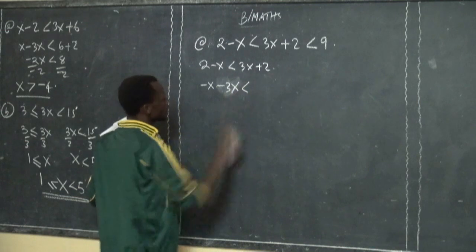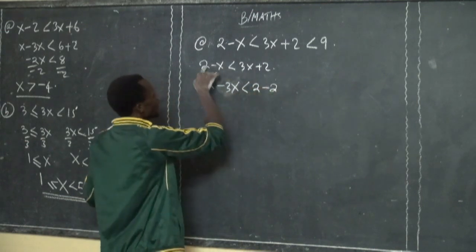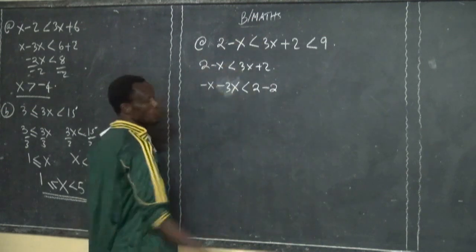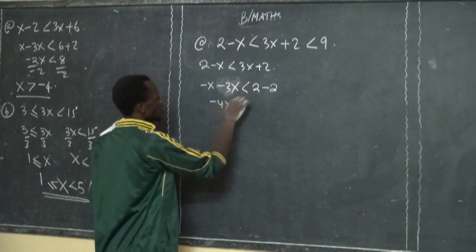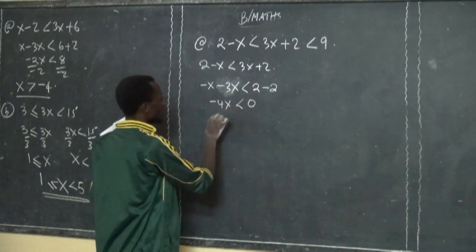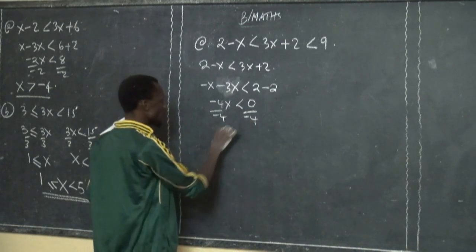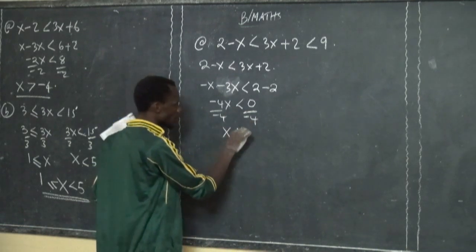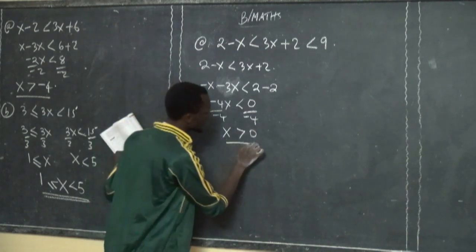Now it's less than 2 negative 2, because this is positive, taken to the other side. Now we have negative 4x is less than 0. Then we divide by negative 4, we divide by negative 4. Now the sign will change, then x becomes greater than 0.